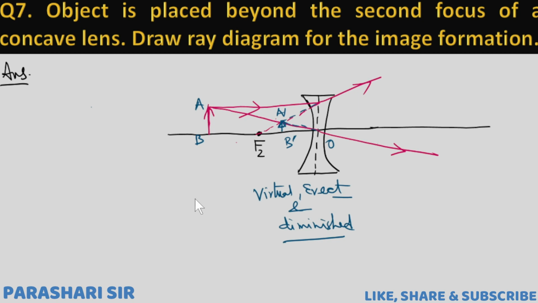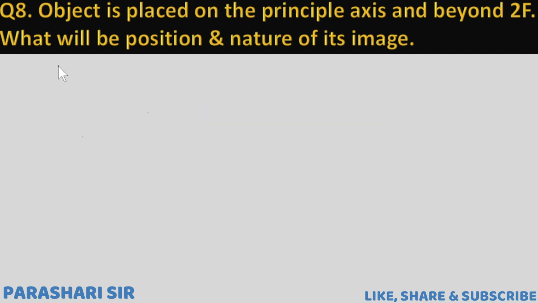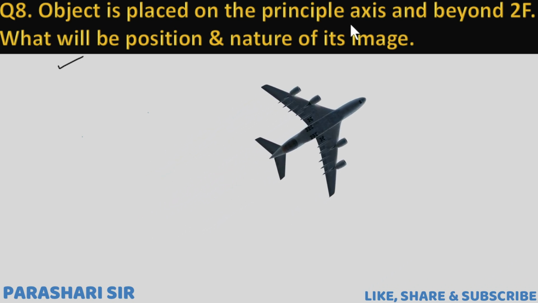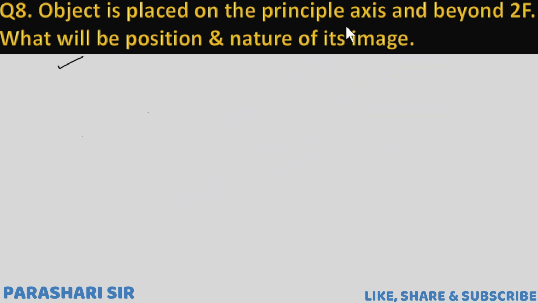Try it yourself. The next question for you is, the object is placed on the principal axis and beyond 2f. So what will be position and the nature of the image? Here is a convex lens. Draw its principal axis.